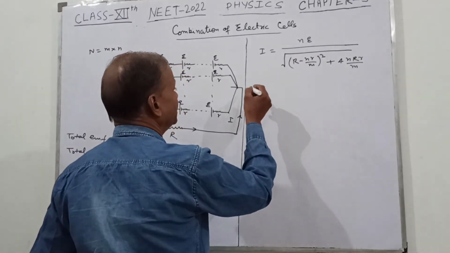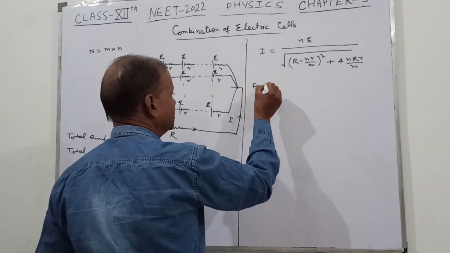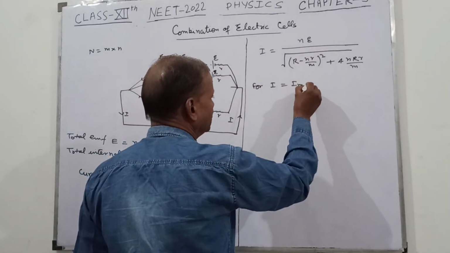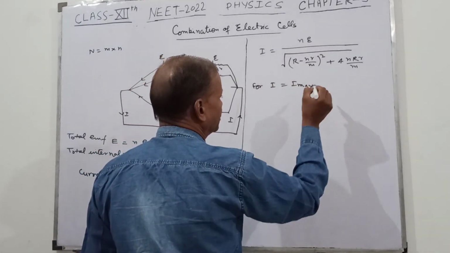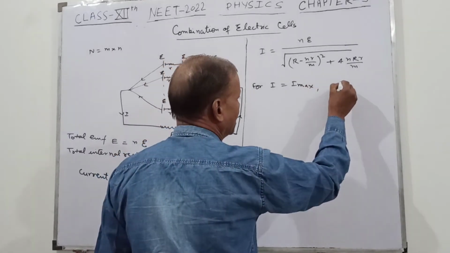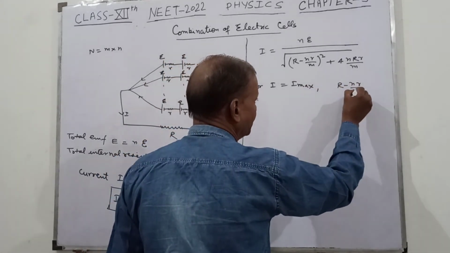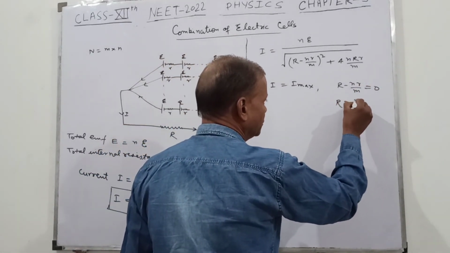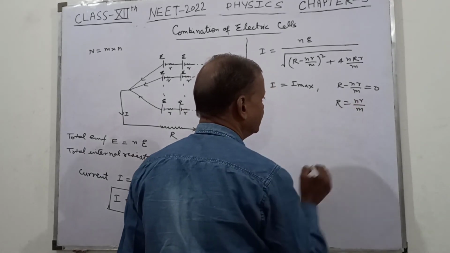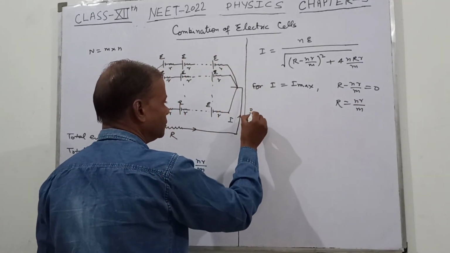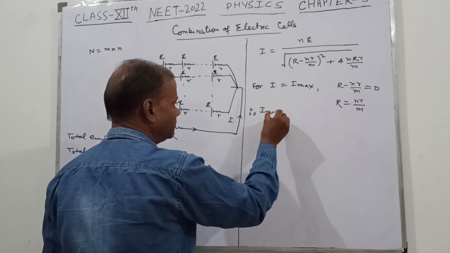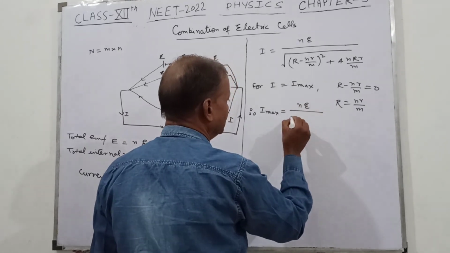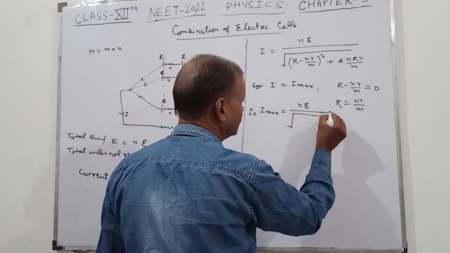So for maximum current, for I equal to I maximum, what should be there? This R minus nr upon m must be equal to 0, or R equal to nr upon m. Therefore I maximum is equal to nE upon square root of, what will happen?